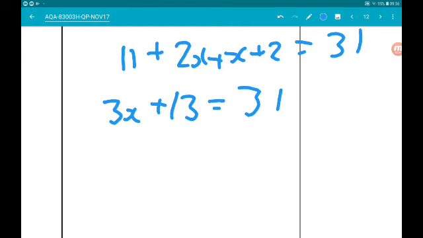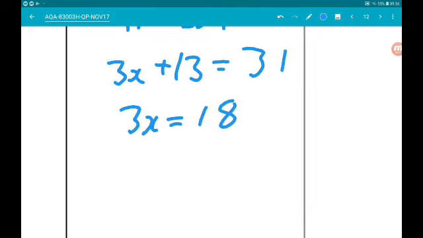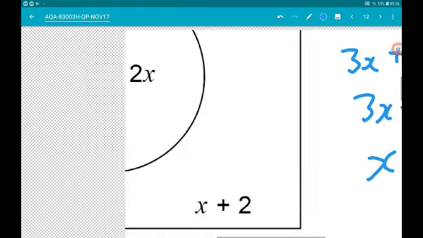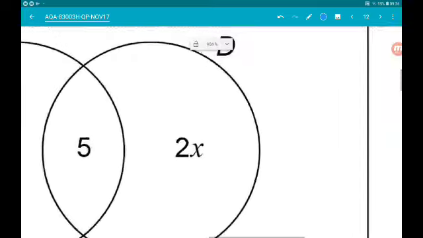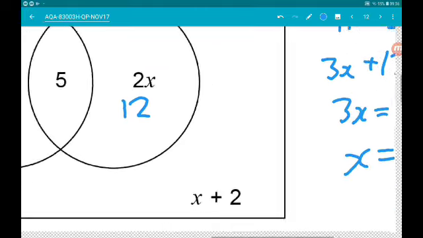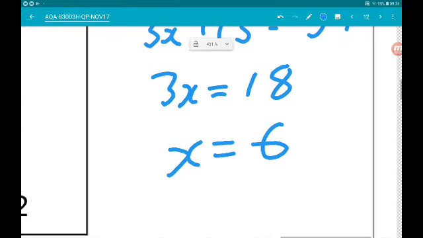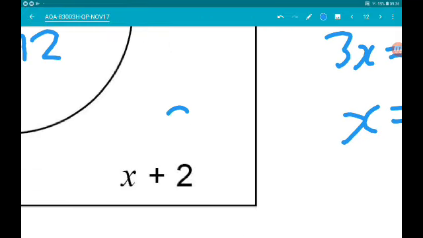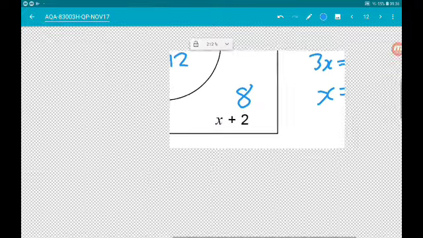Take away the 13, we get 3x is 18. Divide by 3, we get x is 6. So now we know there are 12 people in there, and on the outside there are 8 people.